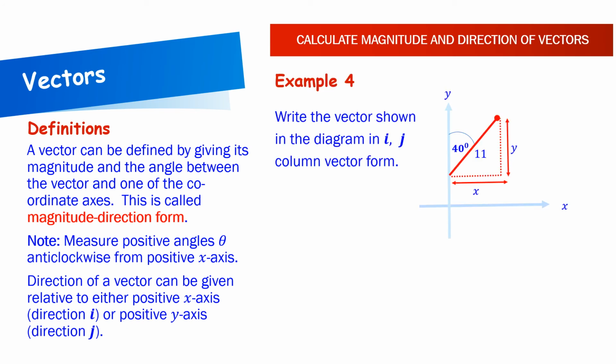And now for example 4, we are required to write the vector shown in the diagram in ij column vector form. Now the angle theta is equal to 90 degrees minus 40 degrees, which equals 50 degrees.